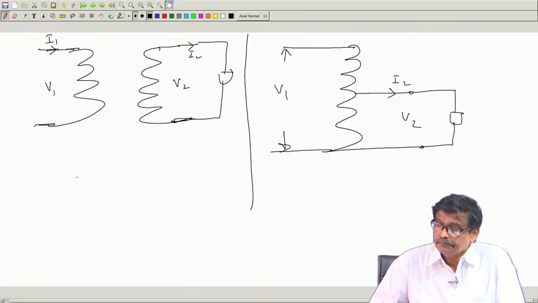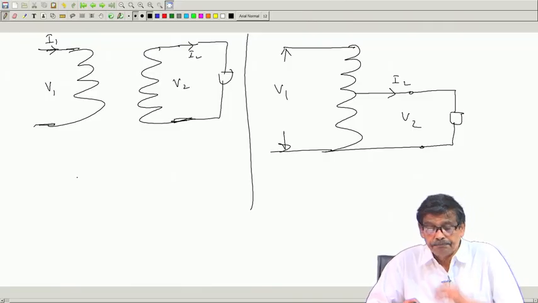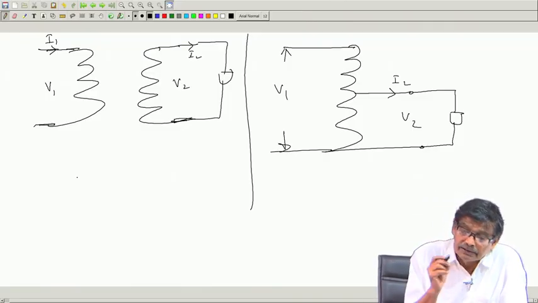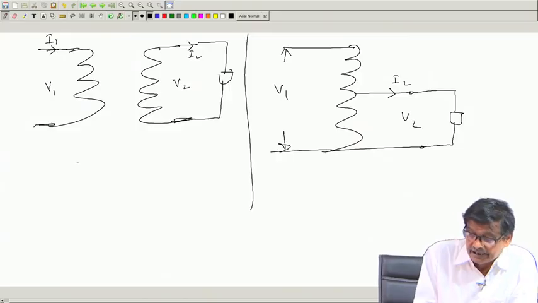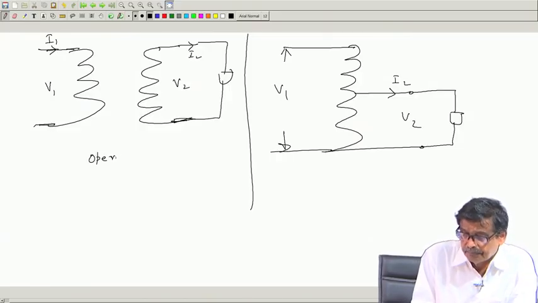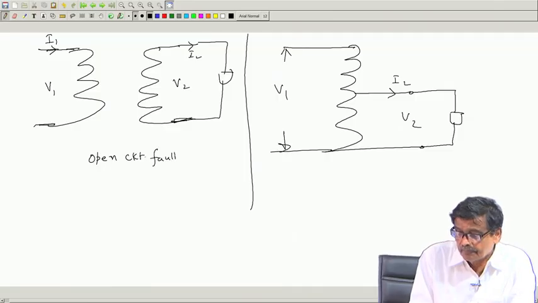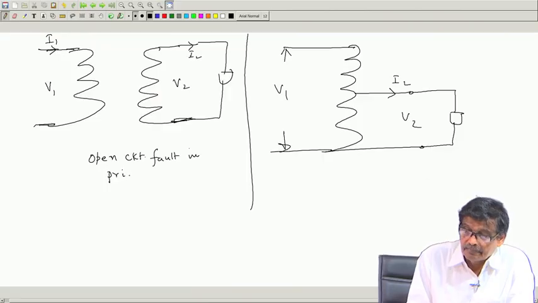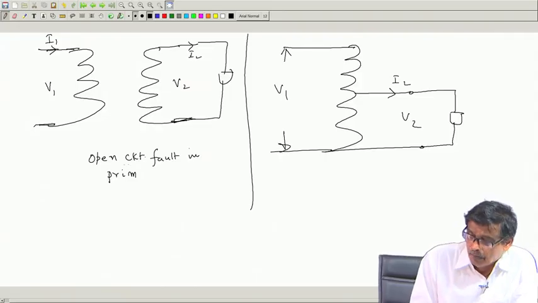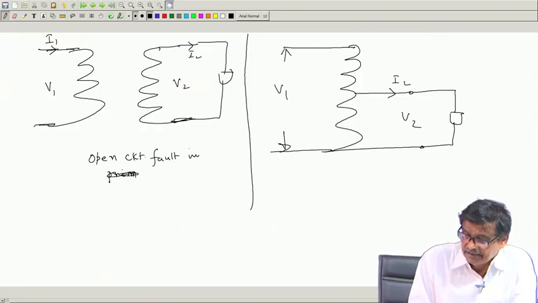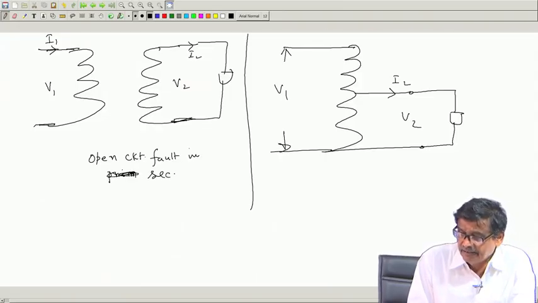Let us imagine that an open circuit fault has taken place, in the primary or secondary, say on the secondary, an open circuit fault in the secondary coil.